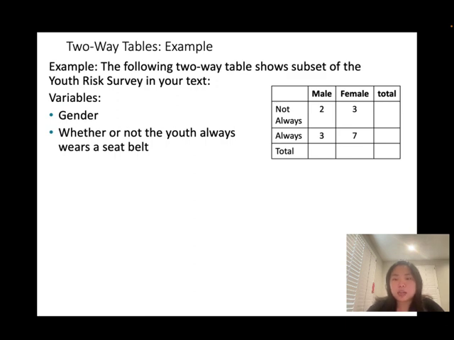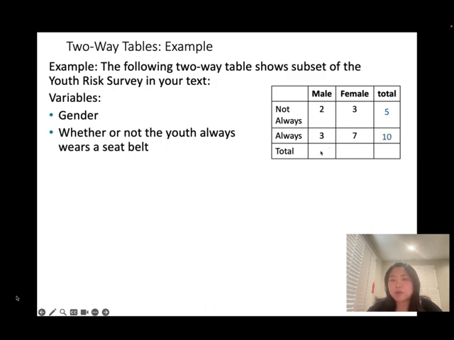First, I want you to find out the totals. Find out the subtotals here. We can see not always wear the seatbelt, we have 5 people, and always wear the seatbelt, we have 10 people here.